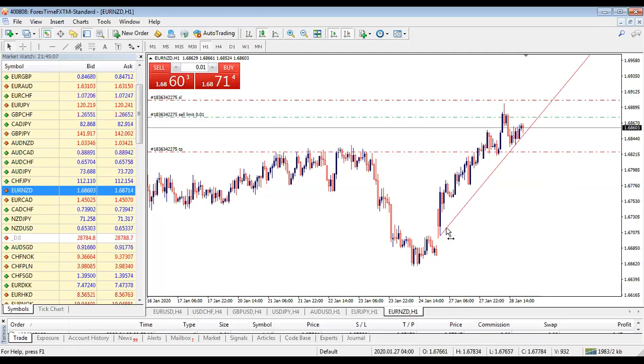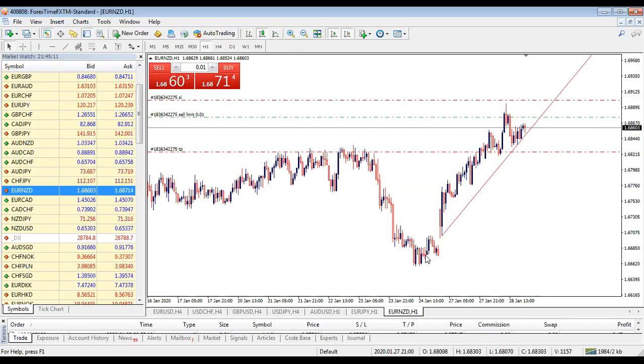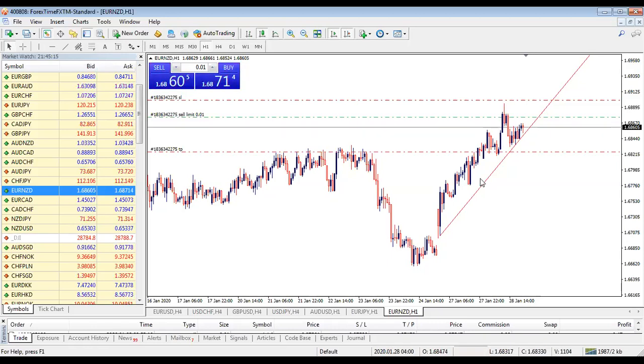Why do I say the market is trending upwards? Because you can see the line that I just placed moved upward and the market is respecting this line. As you can see, the movement looks like it is going up. So this is an uptrend market.